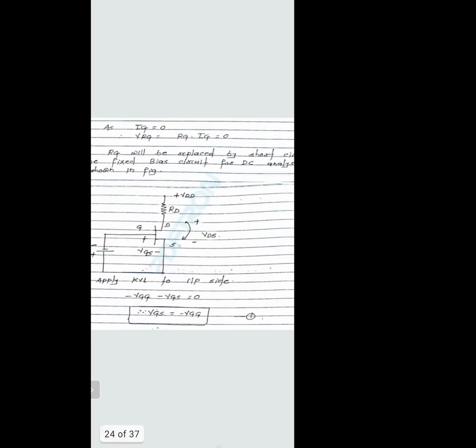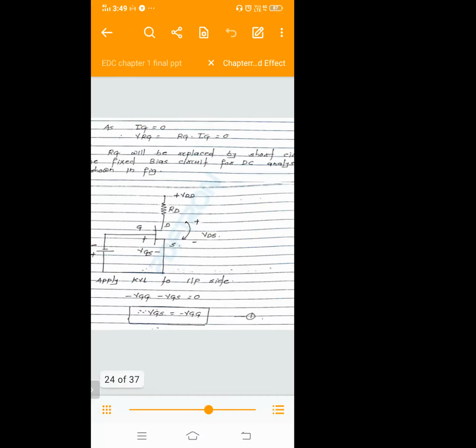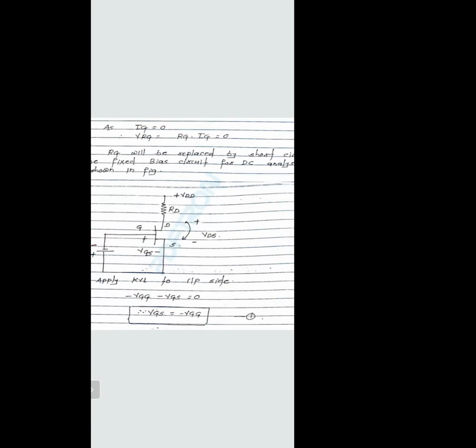Now see, the other thing is related to the output side. Here we apply KVL to the output side. This is your output side. For that output side, we apply the KVL. So plus VDD, the current flowing through RD is ID, so ID into RD, minus VDS.